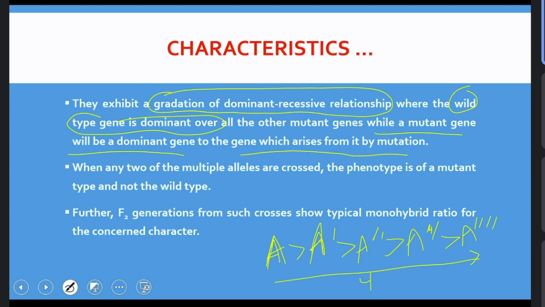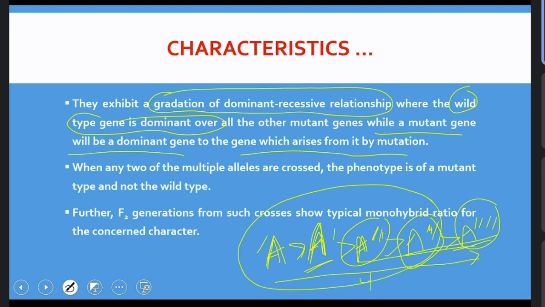This one is recessive to the previous one, but dominant to the one which arises from it. So A dash will be dominant to all these 3. A double dash is dominant to these 2. This one is dominant to the next, and the last one is recessive to all the other 4.